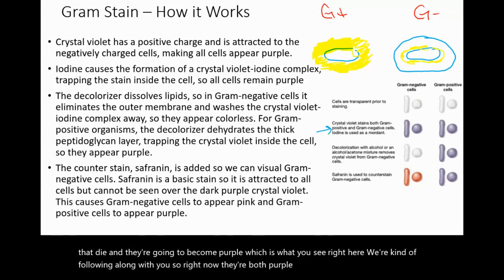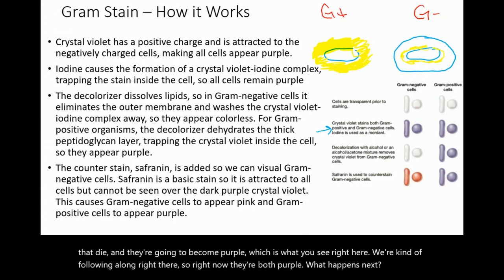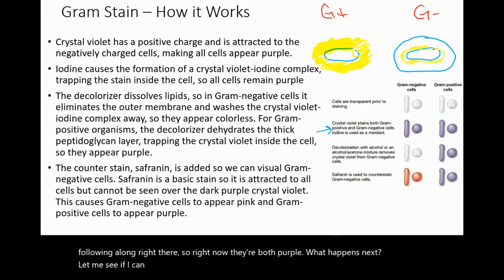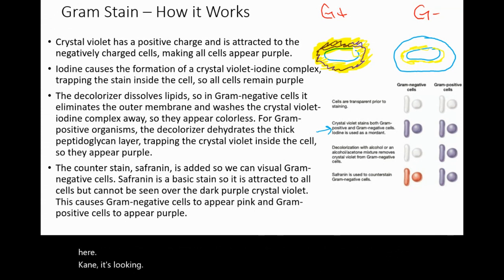What happens next, let me see if I can kind of add purple to this. Okay, so at this point, the purple is all kind of in here. Okay, and it's looking nice and purple under the microscope. It's all in here. It's attracted to the cell.